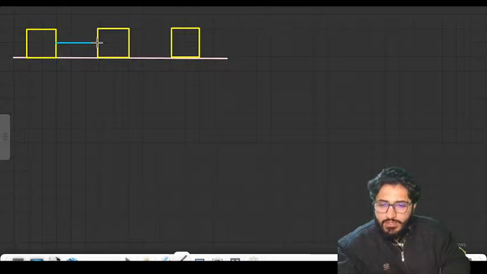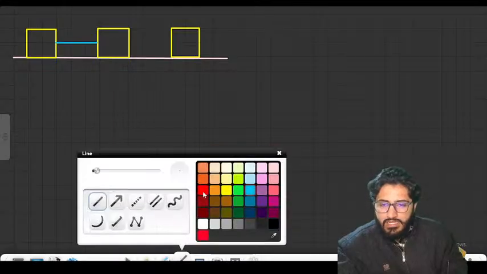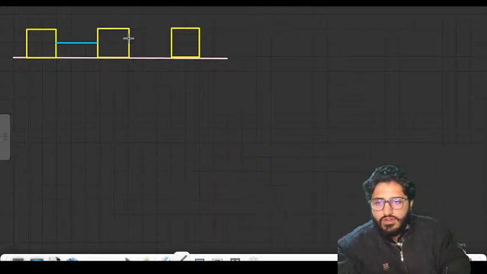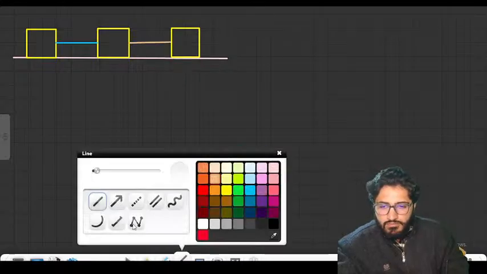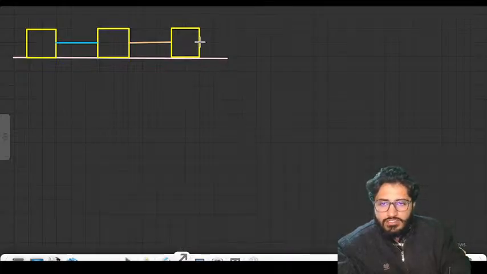These are joined by different ropes, so you will get different tensions. I am defining each and every step so that you will get a good understanding of it.